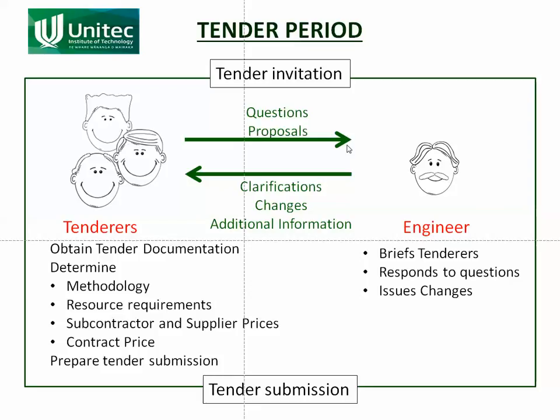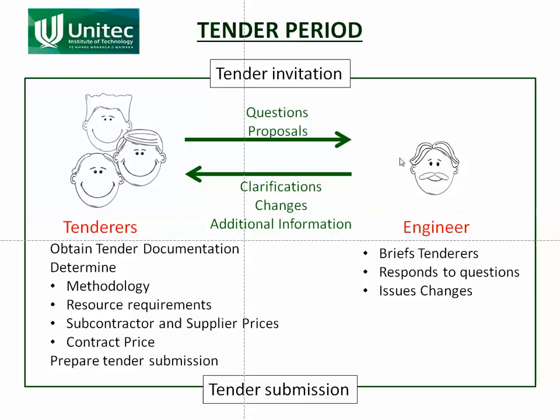Is it okay if we use stainless steel bolts instead of galvanized steel bolts, for example? All those sort of questions. Suggestions, this is the way we propose to do the work. Does that work for you? And the engineer is responding back. He might be clarifying stuff, saying yes, you can use stainless steel bolts if you want to. There might be changes. These guys might identify stuff that doesn't work, and the engineer might have to change the tender document slightly. And he might be providing additional information.